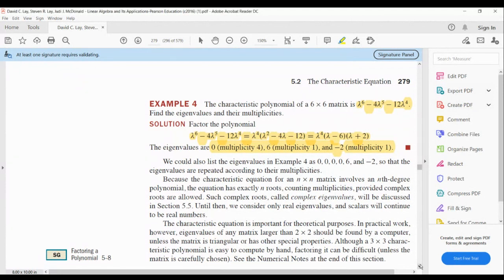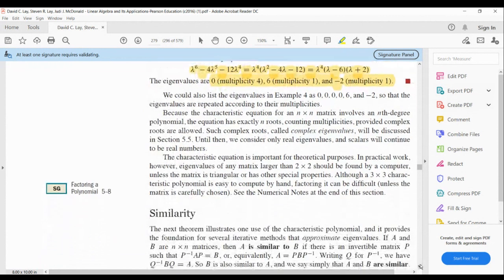Giving a little guided tour here. Now, they haven't talked about complex eigenvalues. Notice they have a little thing here where they mention complex eigenvalues.